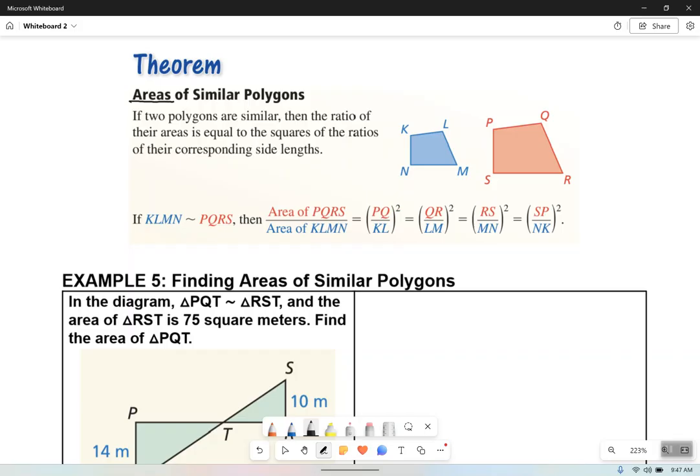It says if two polygons are, what's the word again here? Similar, same shape, different size, then the ratio of their areas is equal to the, okay, I want you to read this right here. It's equal to the what? Squares of the ratios of their corresponding side lengths.